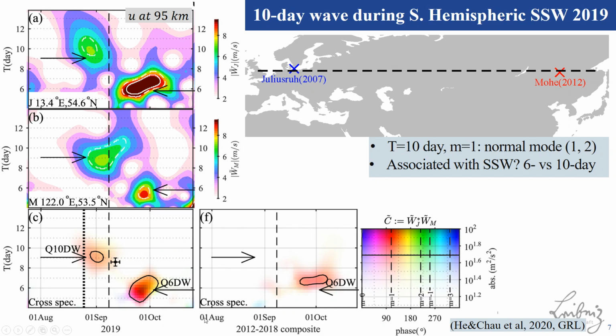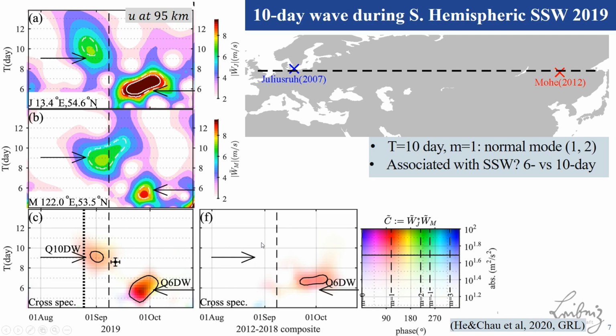An 8-year version of this cross wavelet for the same season suggests that the 6-day wave is a seasonal behavior, whereas the 10-day wave is associated with the SSW.